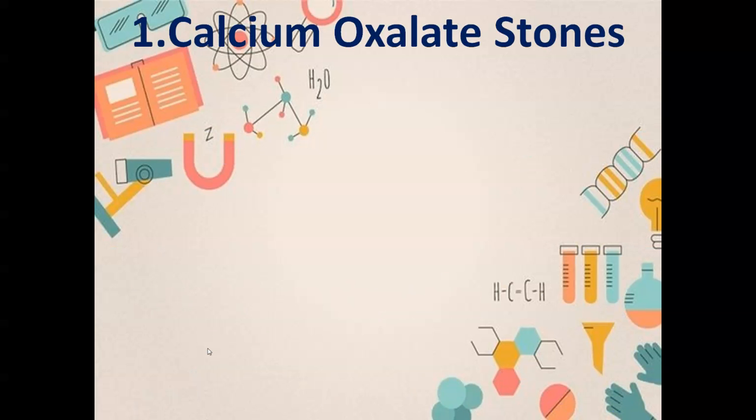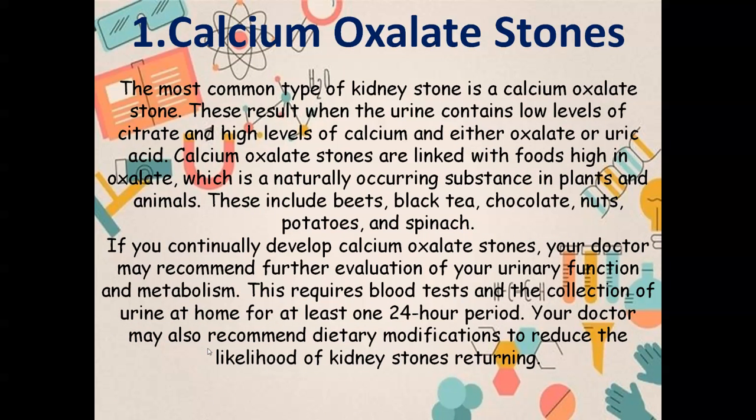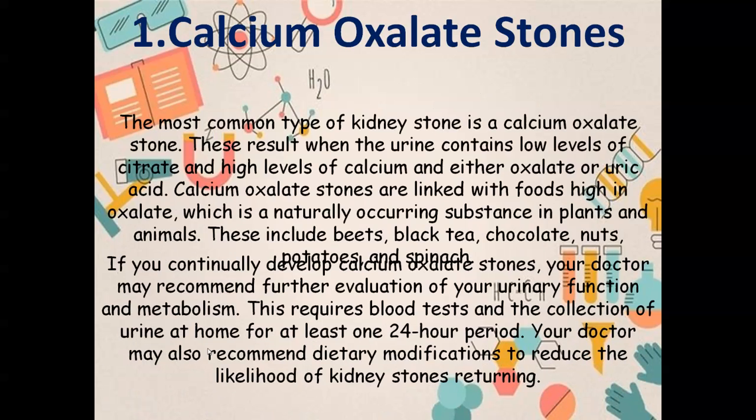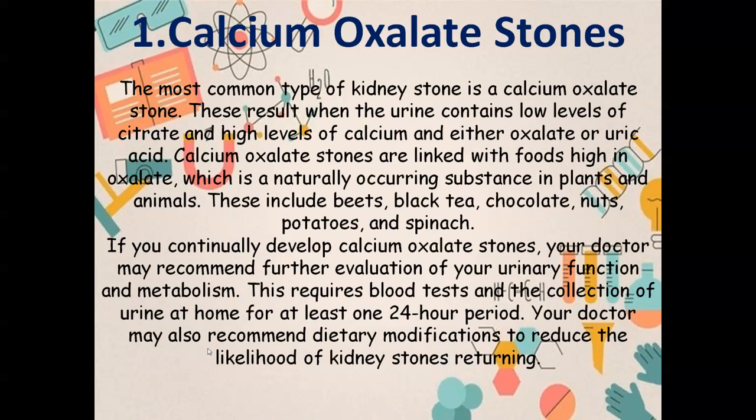Now, here we'll learn about the first kind of kidney stone, that is the calcium oxalate stone. The most common type of kidney stone is a calcium oxalate stone. These result when the urine contains low levels of citrate and high levels of calcium and either oxalate or uric acid.